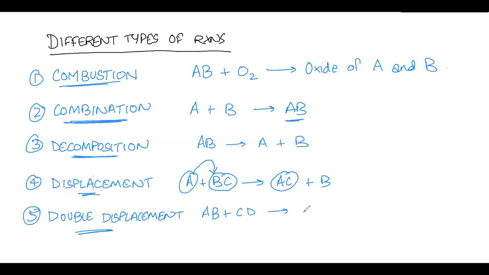The product that will be formed is AC plus BD. Here A replaces D, sorry, A replaces B and forms a bond with C, and B bonds with D. There are two displacements happening over here. So this is basically a double displacement reaction. We'll be seeing these in detail.